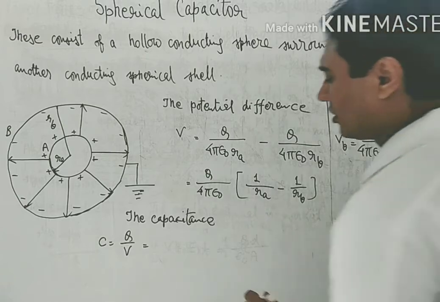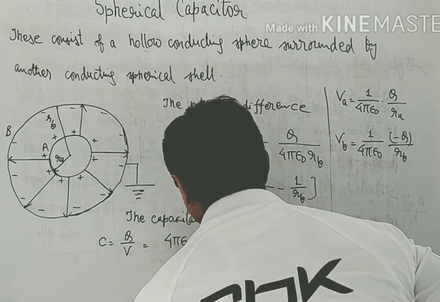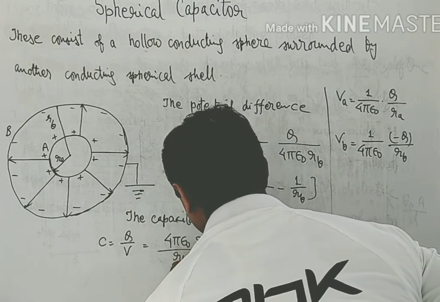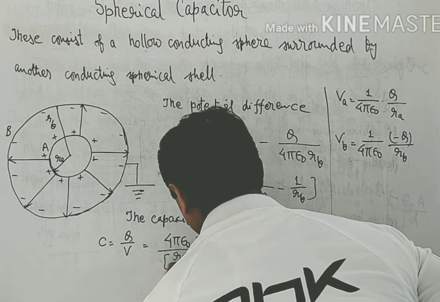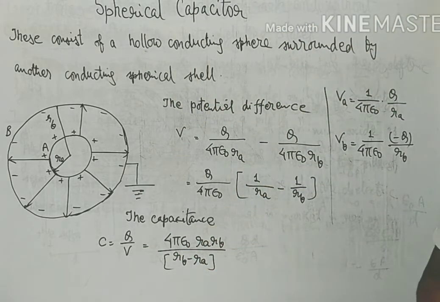So directly we have the value now: 4 pi epsilon naught RA RB upon RB minus RA. So this will be the capacitance of that spherical capacitor.